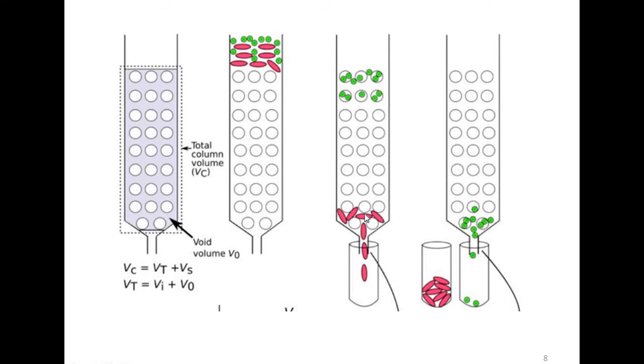The red cylindrical rod-shaped particle will travel easily through the stationary phase, so it is eluted first, and the green circular particle gets entrapped in the stationary phase, so it will be eluted last. So on the basis of their size and shape, they separate. This chromatography is known as size exclusion chromatography.